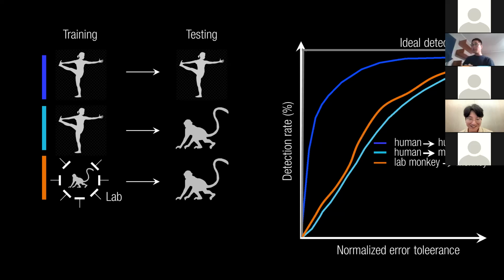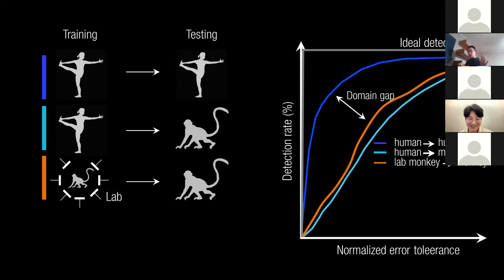That ends up with this orange curve here. You see there's some improvement from the human to the monkey prediction. However, the performance improvement is very marginal and subtle. It's far from the human detection.